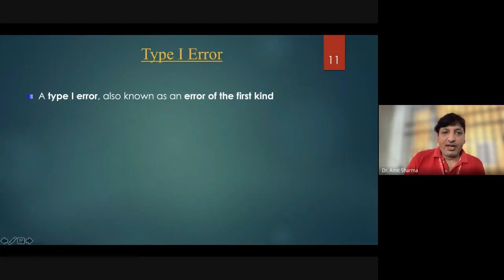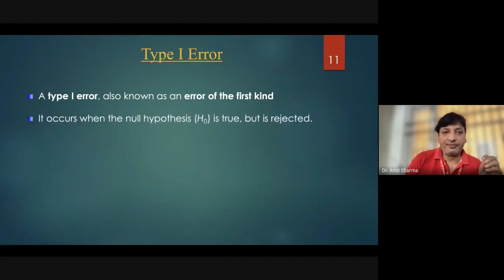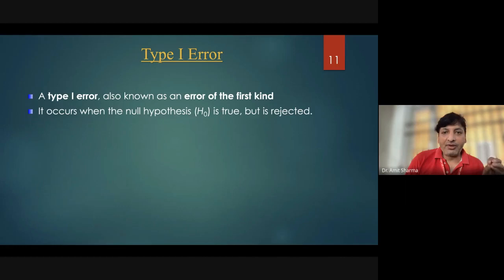Now you can see that a type 1 error is also known as error of the first kind. That means most of the researchers used to make this kind of error, which we call type 1. It occurs when the null hypothesis is true, but it is rejected. The rate of the type 1 error is called the size of the test.